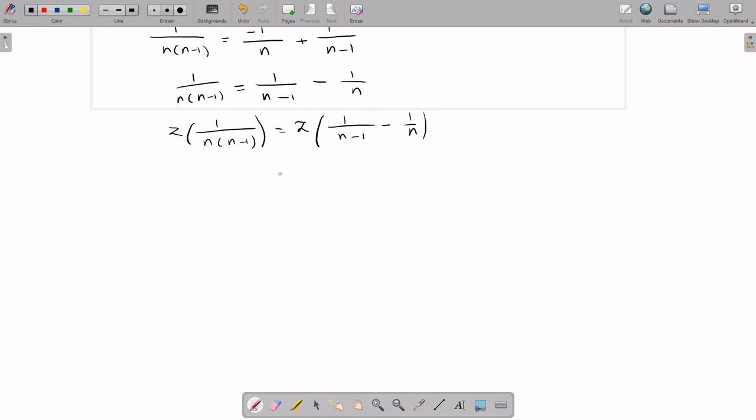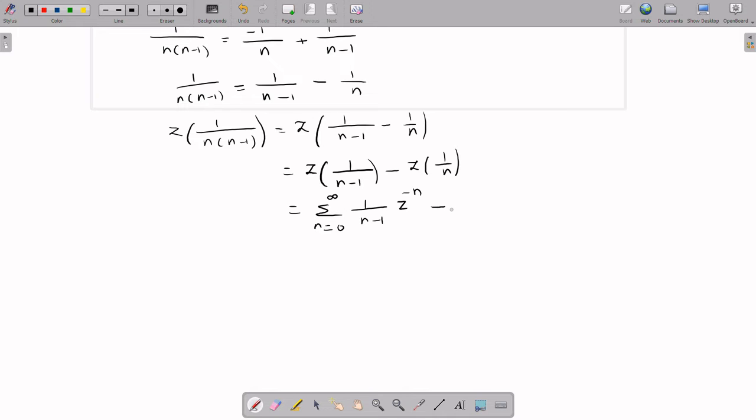Since Z transform is linear, you can take Z transform inside these brackets for each and every term. So we have to find the Z transform of this function. Apply the definition of Z transform, n is equal to 0 to infinity, 1 by n minus 1 times Z power minus n, minus 1 by n. You have to apply Z transform of 1 by n also.